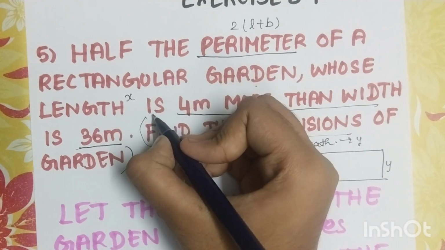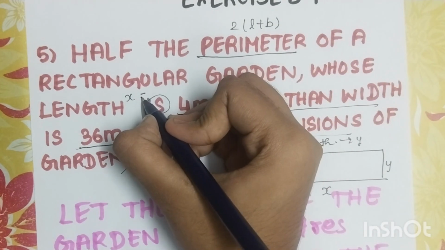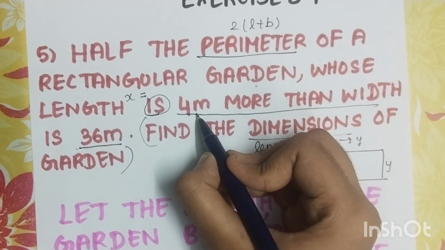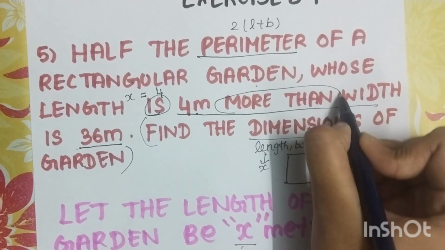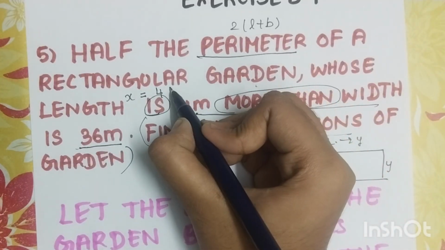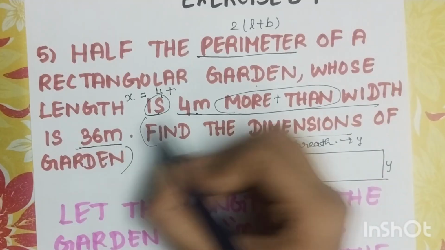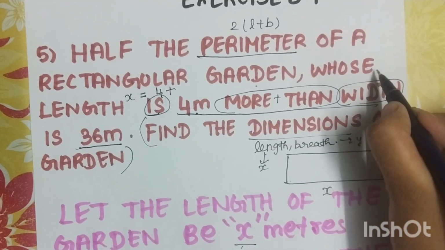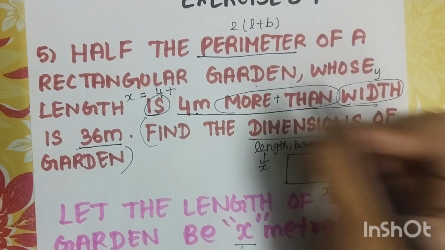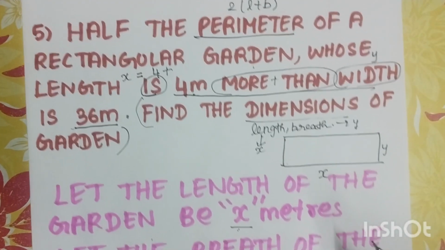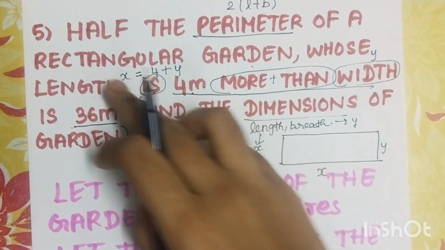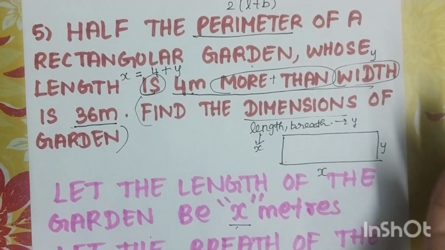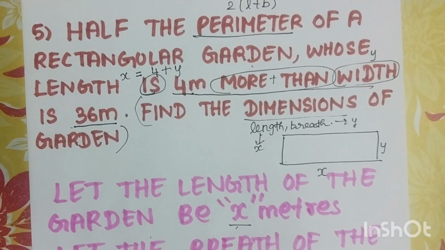So x is replaced by equal to in mathematical terms, and 4 more than is nothing but addition, so plus width. Width is nothing but y, right? So plus y. So this is my first equation. I have framed it in my question itself.